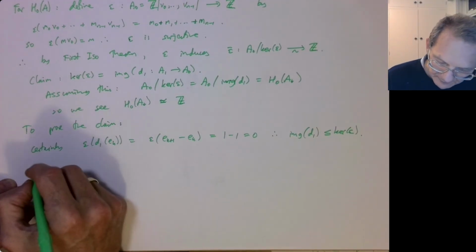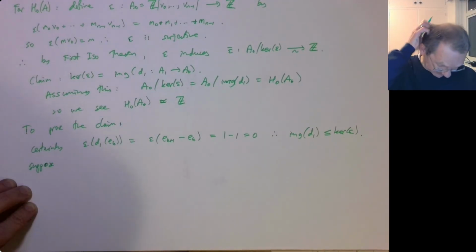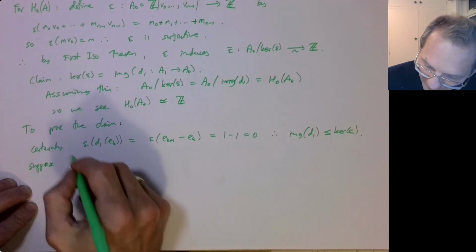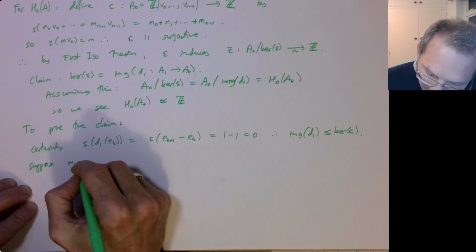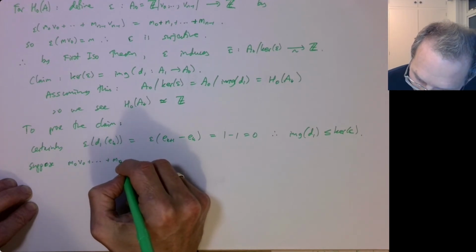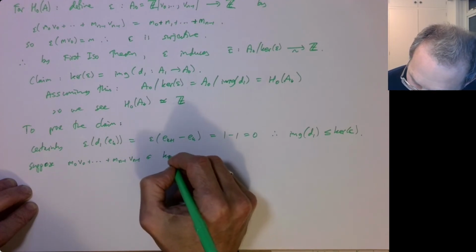On the other hand, suppose we've got some element m0 v0 up to mn minus 1 vn minus 1, and suppose that's in the kernel of epsilon.